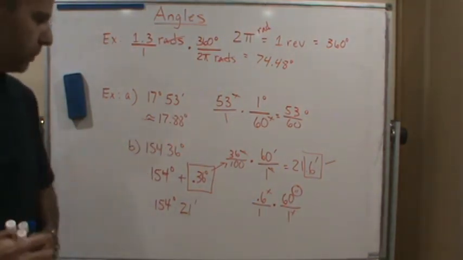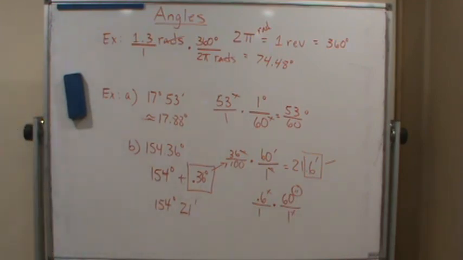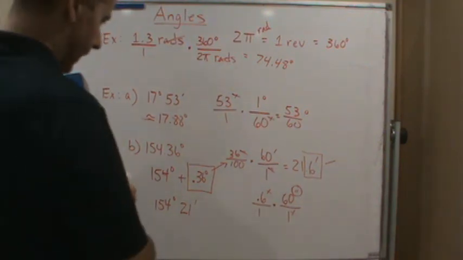So now I'm just going to multiply across. This time I'm using the decimal, so I did not transform it into a fraction like I did earlier. So now I'm just going to do 0.6 times 60, and I get exactly 36 seconds. And I'm done.